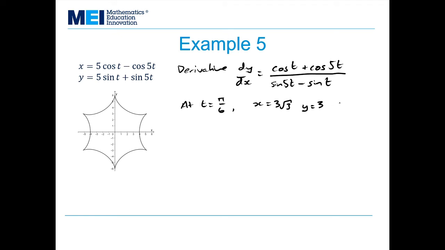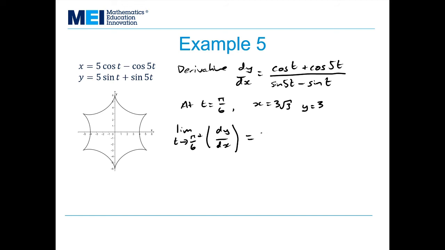We knew that the derivative wasn't defined at that point, so that's why we're investigating it to see if it's a cusp, but it shows that the point is on the curve, so now we look at the limits of the derivative. So first of all, the limit as t approaches pi by 6 from above, and I'm just going to write dy by dx here, I'm not going to write my whole derivative out again.